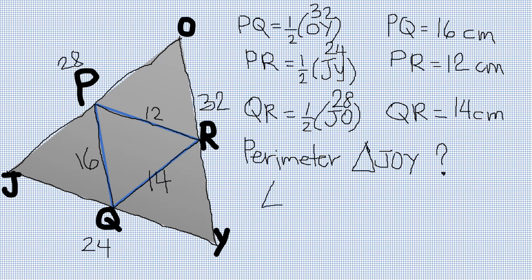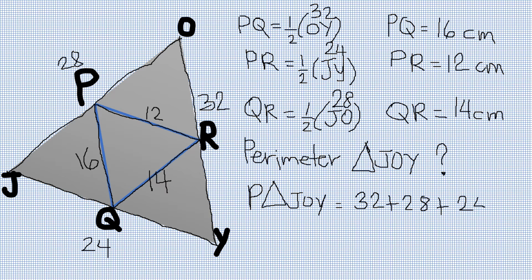So to determine the perimeter of the triangle JOY, again, when we say perimeter, we have to add the measures of the sides of the given polygon. We have a triangle as our polygon. So we have 32 plus 28 plus 24.